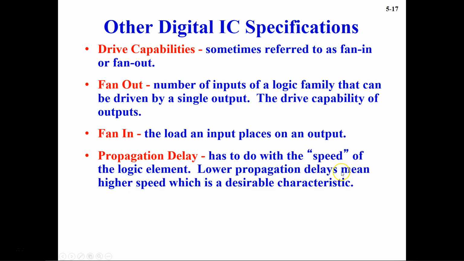Lower propagation delays mean higher speed, which is a desirable characteristic. So if you want a high speed IC, you need lower propagation delay, and if the propagation delay increases, then the speed of the IC goes down. You will see propagation delays more in the timing diagrams, and there are actual numbers for how much delay there is in the speed of the IC.